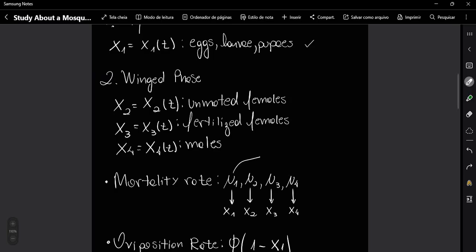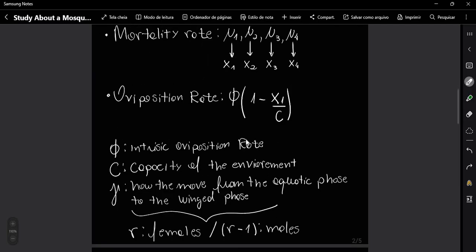Each of these variables is a mortality rate for each stage of development of the mosquito. We also got the oviposition rate, represented by this variable. And this P represents the intrinsic oviposition rate. C is the capacity of the environment in terms of food and other things needed for the mosquito development.